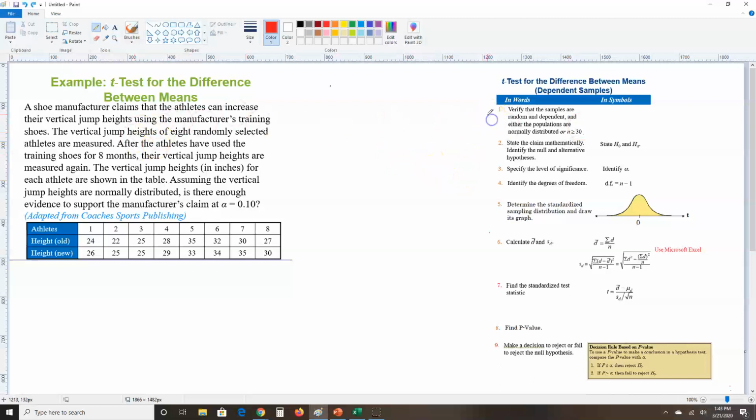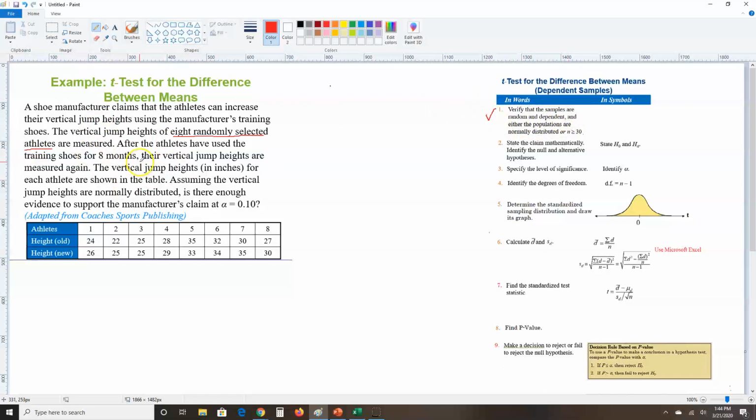So let's start with step number 1. We need to make sure the samples are random. And in the second sentence here, that's what's stated. They chose 8 randomly selected athletes. So yes, the samples are random. The next requirement I need to check is that the samples are dependent.